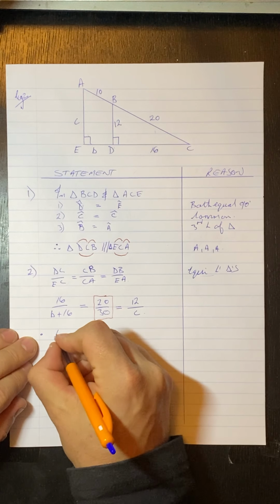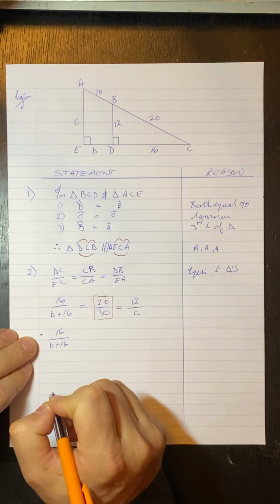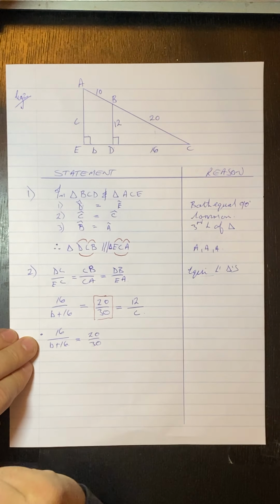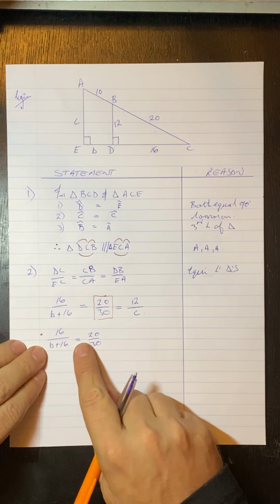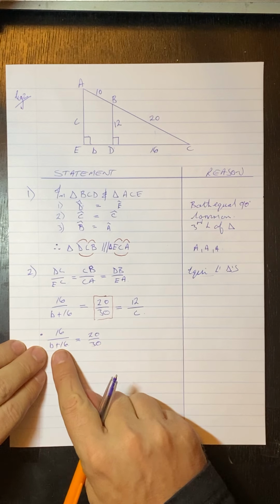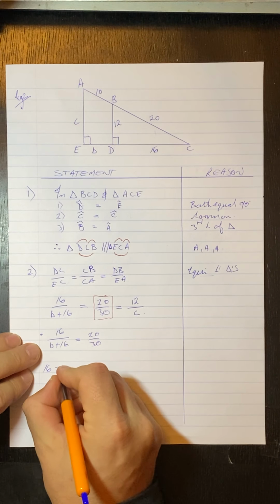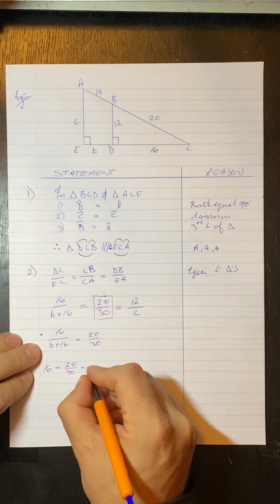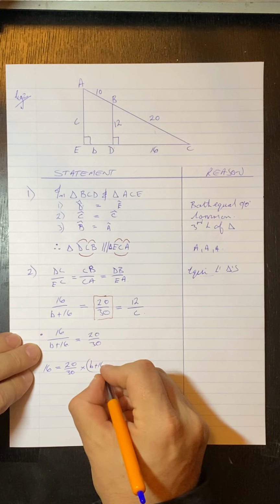So the first one is 16 over B plus 16 will be equal to 20 over 30. To get this on its own, I'm going to multiply up by the B plus 16, because that's what we want to find out. So 16 is equal to 20 over 30 multiplied by, and it's going to be a bracket because it's the whole thing.